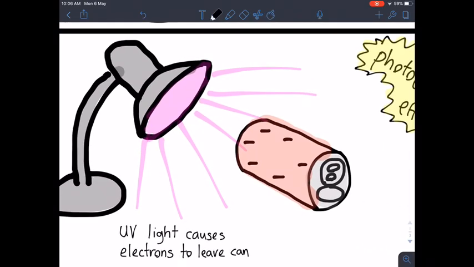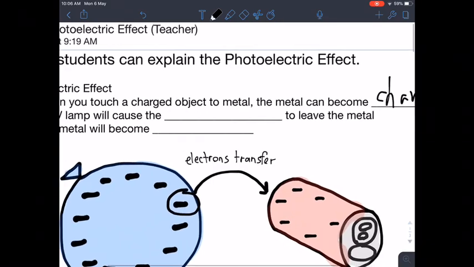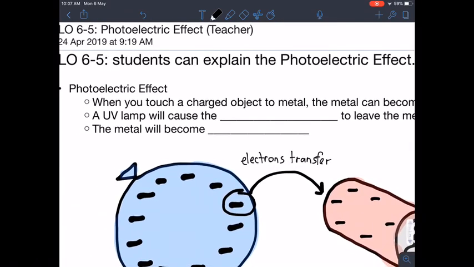And when you do that, these electrons that are added here, they get launched off of the metal, and eventually that's going to cause the can to become negatively charged. Or sorry, to become neutral.